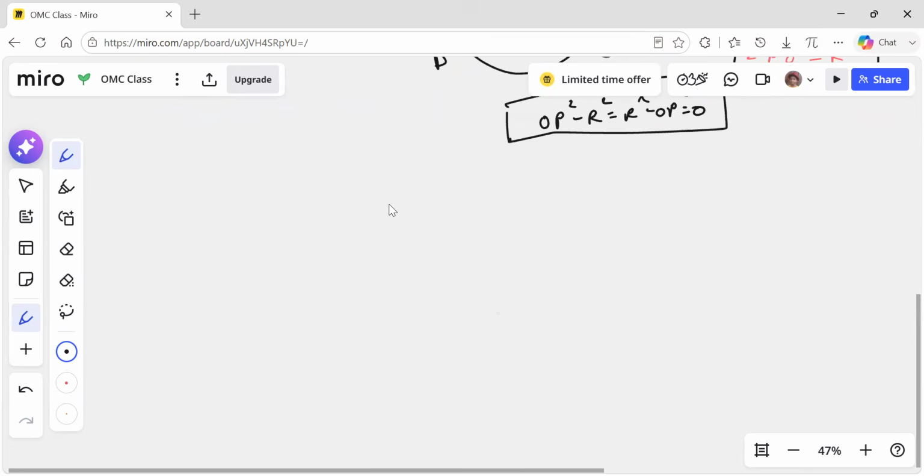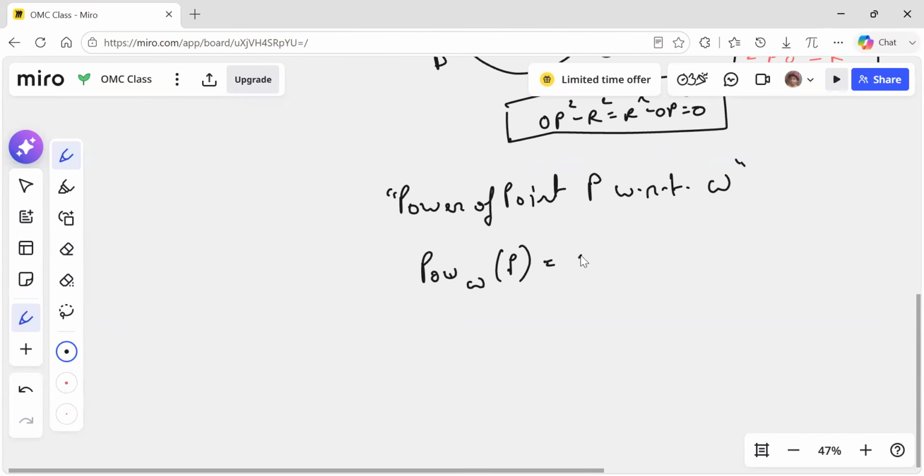So what this motivates us to do is define a quantity, and that quantity is called the power of a point. Let's say P with respect to whatever circle I'm choosing. So let's say the circle is omega. What this basically means is that the power with respect to omega of the point P is defined to be OP square minus the radius of the circle squared.